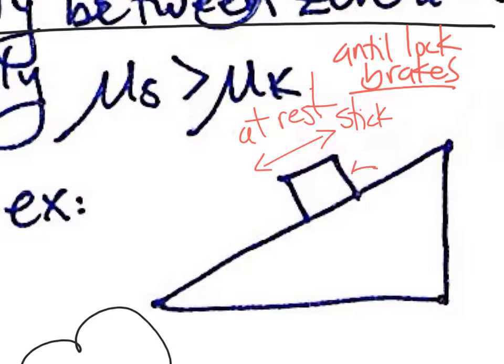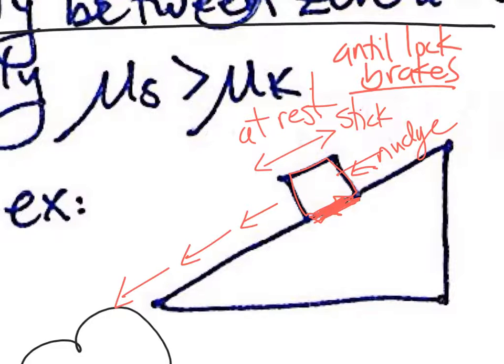What happens is it starts moving, and it will actually accelerate down the ramp because the force of friction has decreased. So here, when they're not moving, the force of friction is enough to keep it static. But once it's moving, the force of friction decreases, so it actually speeds up. So we'll see that, and it'll be amazing.